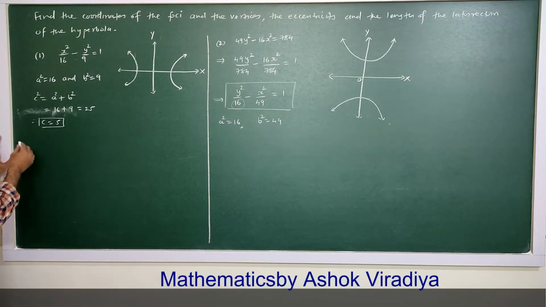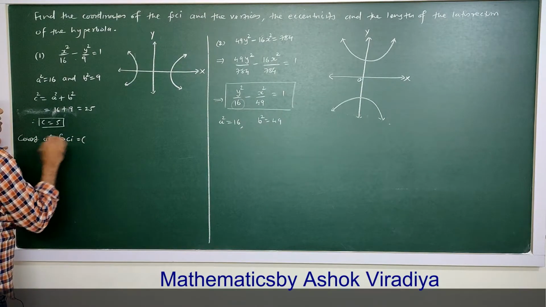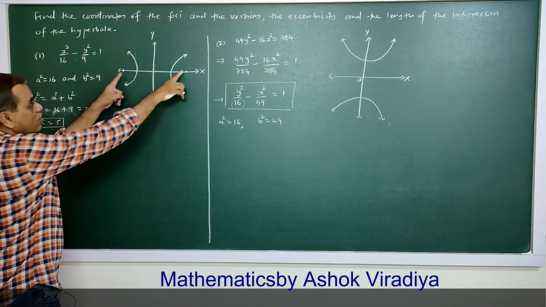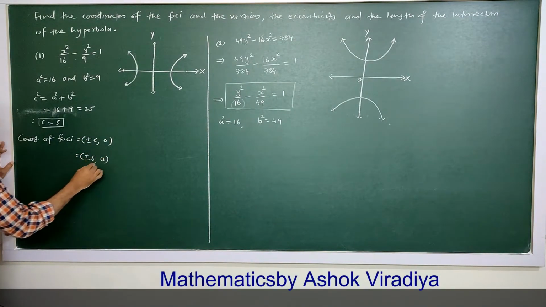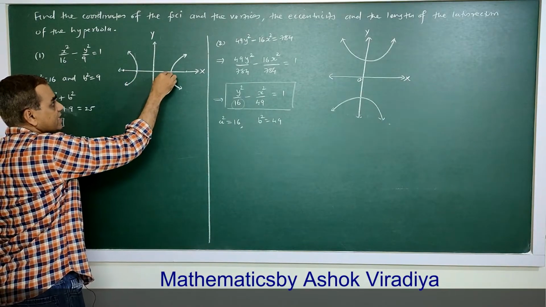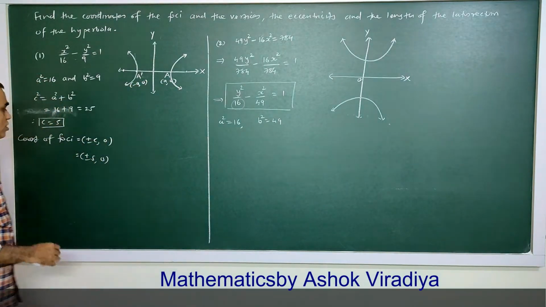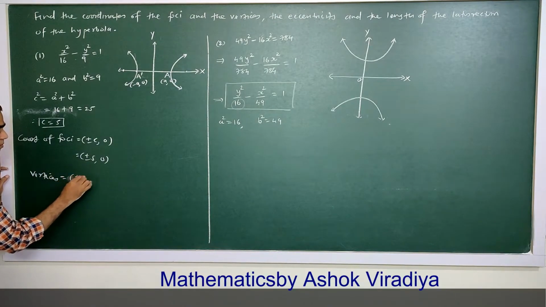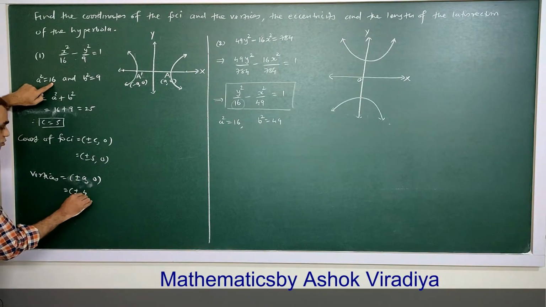Now, the coordinates of the foci are plus minus C, 0, so plus minus 5, 0. The vertices are plus minus A, 0, that is plus minus 4, 0.